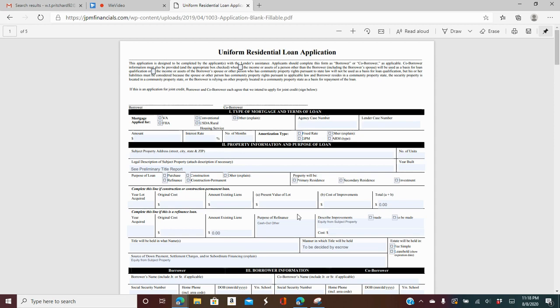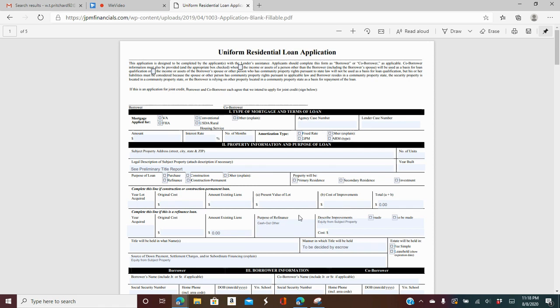Maybe they want to start a business. Maybe they want to pay for school for their kids. They might want to help their kids buy a house, whatever the issue might be. If you grow equity within your home, you can then borrow money against your property.